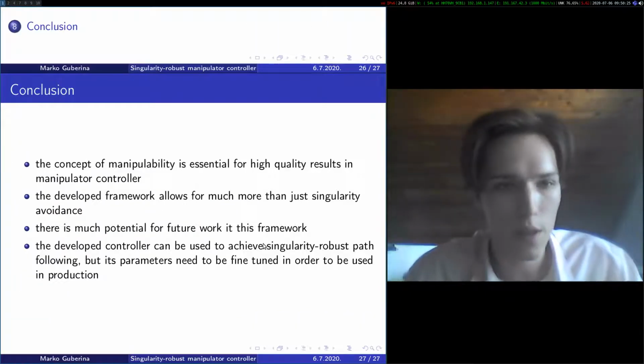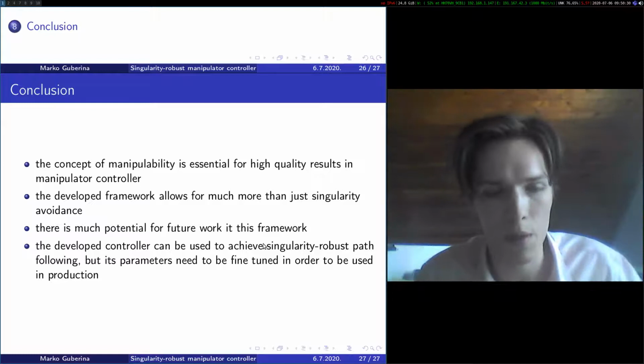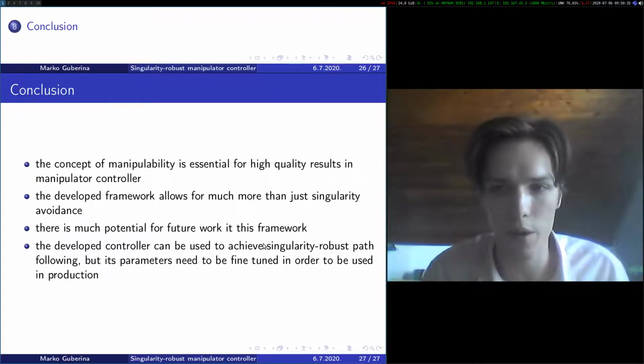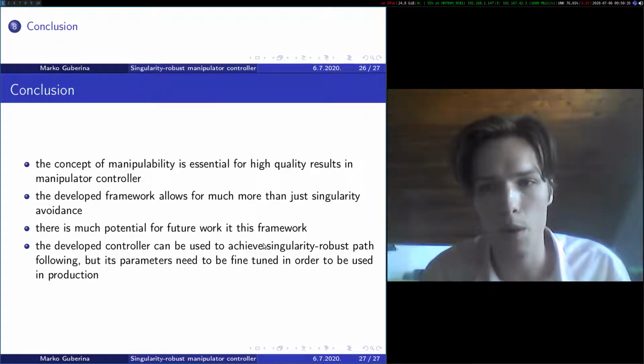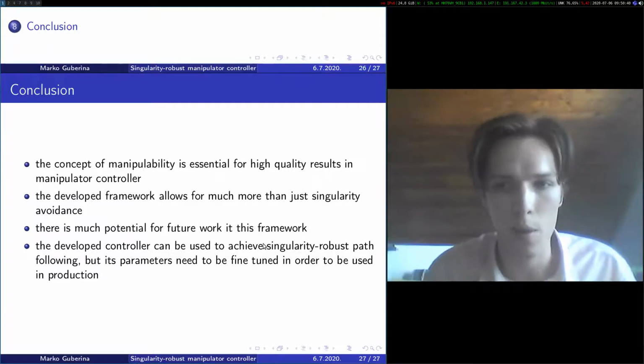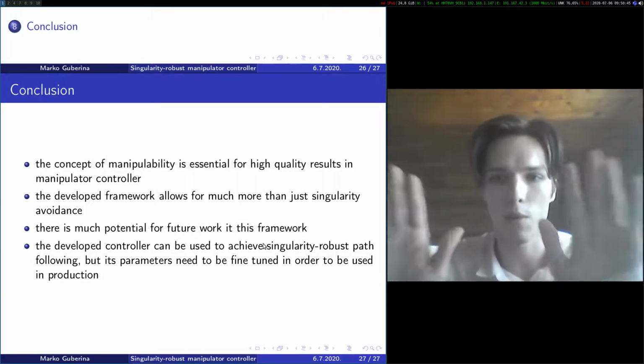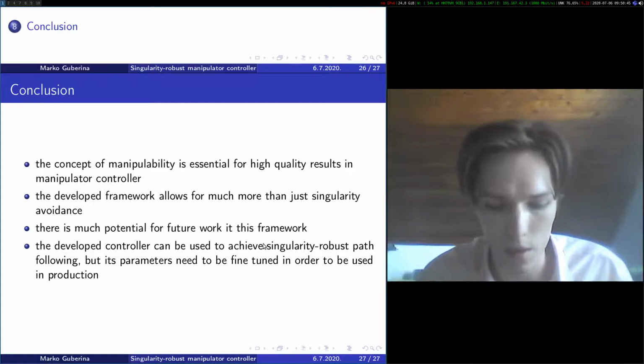The conclusion is that the concept of manipulability is extremely useful because we can not only avoid singularities but maximize manipulability in different ways. So if we want to maximize force manipulability, we could do that, and then the robots would be able to push in with smart poses.